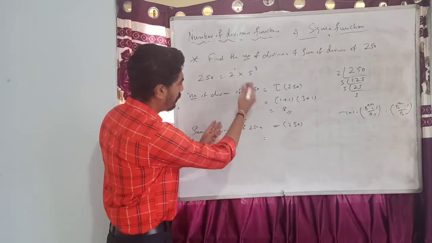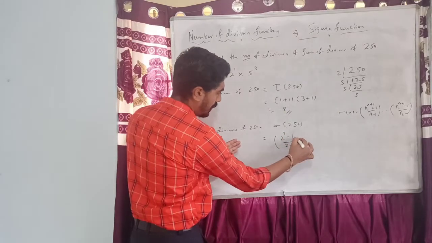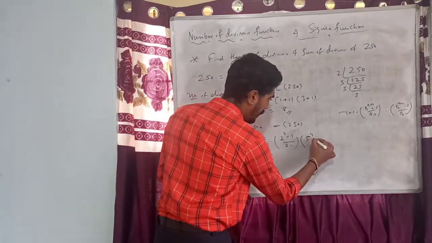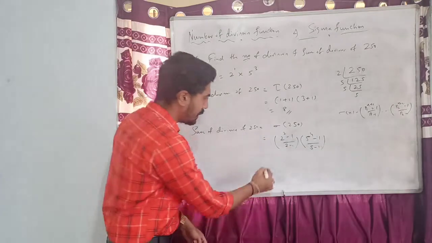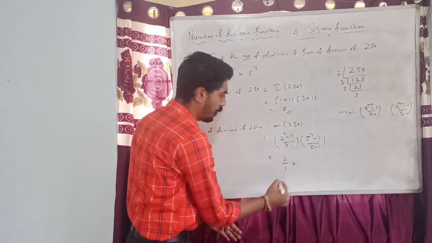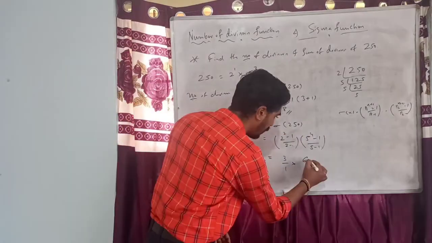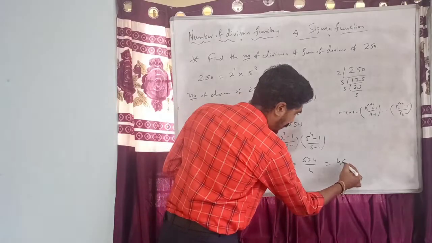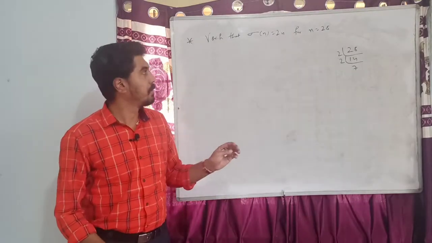So sigma of 250 will be equal to 2 power 1 plus 1, which is 2 squared minus 1 divided by 2 minus 1 into 5 power 3 plus 1, which is 5 power 4 minus 1 divided by 5 minus 1. So we get here 4 minus 1 is 3 divided by 1 into 5 power 4 is 625 minus 1 is 624 divided by 4, which is equal to 468.